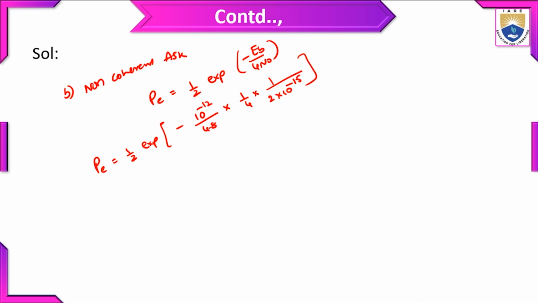So we substitute all the values, EB value and N naught value. Then you get 2.45 into 10 to the power of minus 12. So the probability of error for non-coherent ASK is 2.45 into 10 to the power of minus 12.